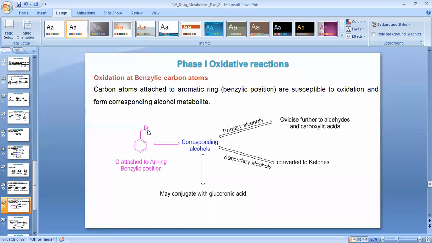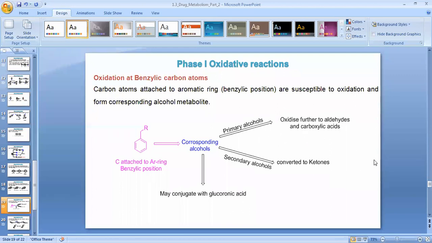If the carbon is secondary, it forms secondary alcohols, and further oxidation gives ketone derivatives. The corresponding alcohol may be conjugated with glucuronic acid in a phase 2 reaction.